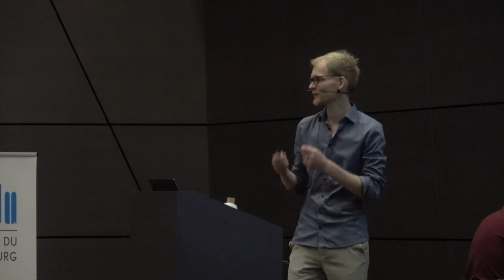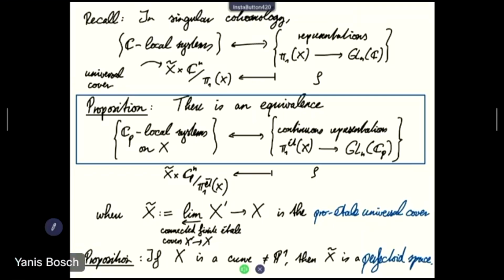And maybe this gives some motivation for why testing the space by perfectoid spaces could be a good idea, because you see these universal covers like this X tilde. So that's maybe one thing to take away from this world of local systems, that one can understand them in terms of these perfectoid spaces which cover the variety.